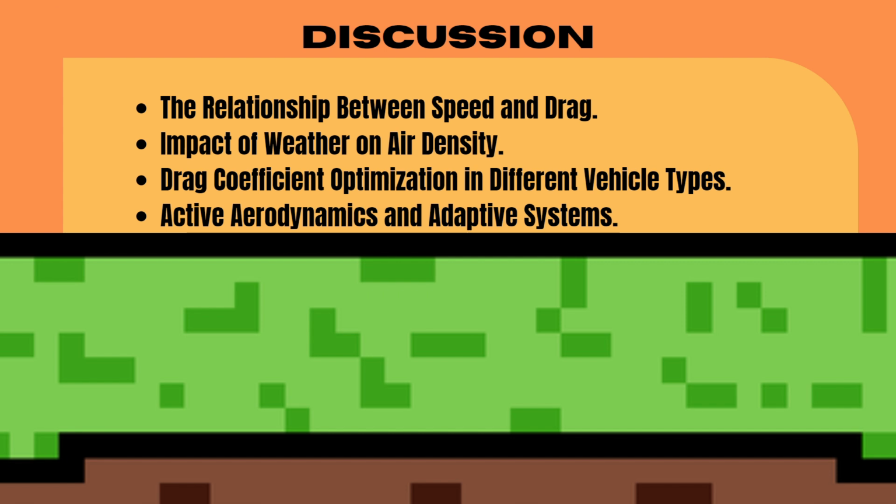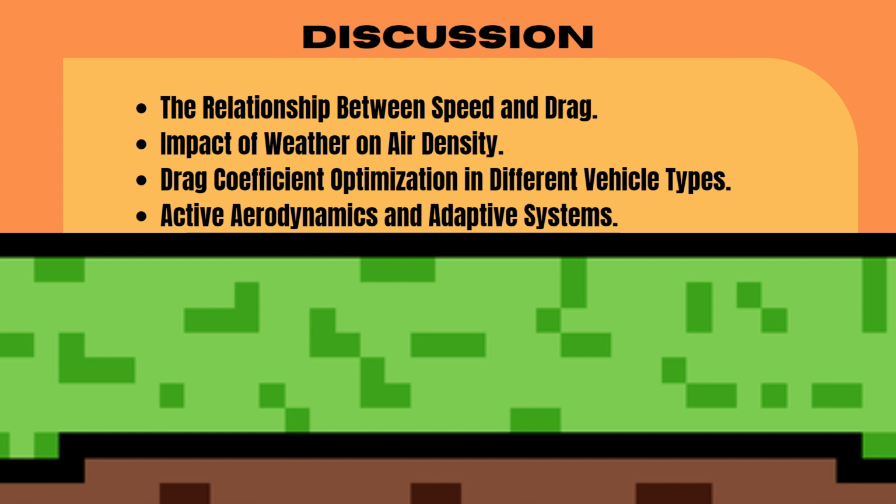Then we have active aerodynamics and adaptive systems. Active aerodynamics, which we can find on some high performance and luxury vehicles, is where parts of the vehicle like spoilers or air vents adjust automatically to reduce drag or increase downforce depending on speed.